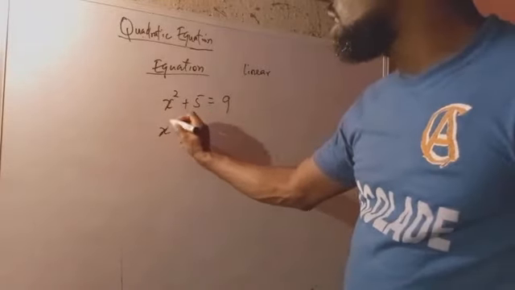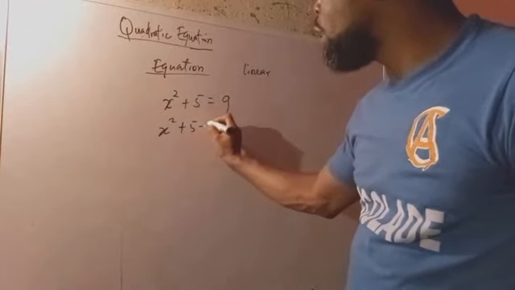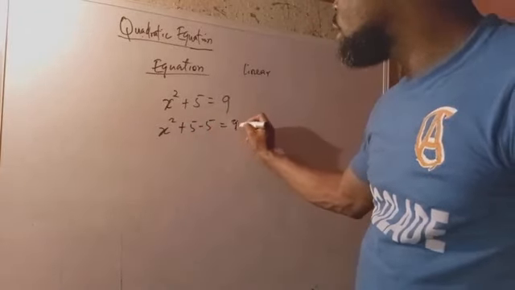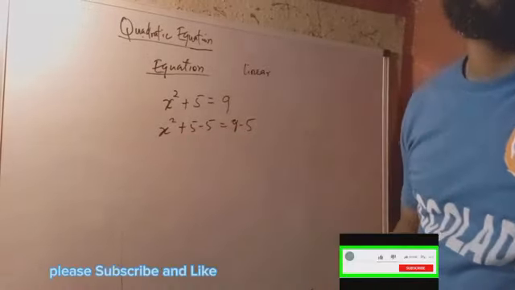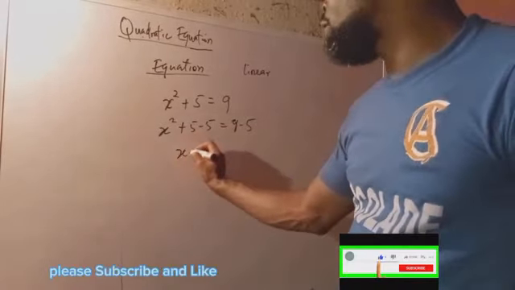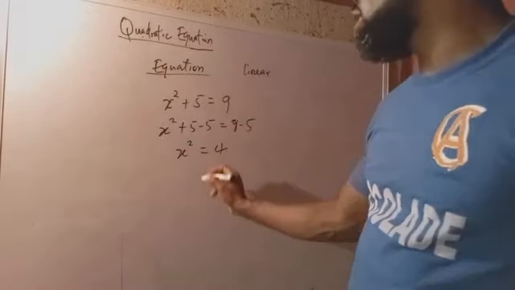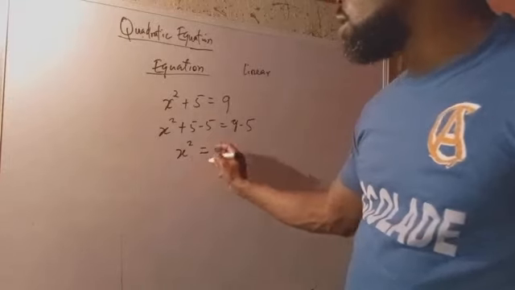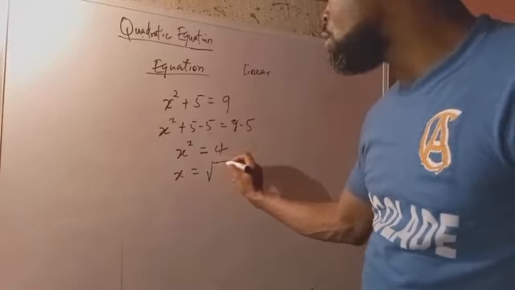So this is going to be x squared, let me do this, plus 5 minus 5 equals 9 minus 5. I can still do this, right? So plus 5 minus 5 is what? 0. So we have x squared equals 9 minus 5, which is actually 4, right? So we can take the square root of both sides, so that we have x equals root of what? 4.